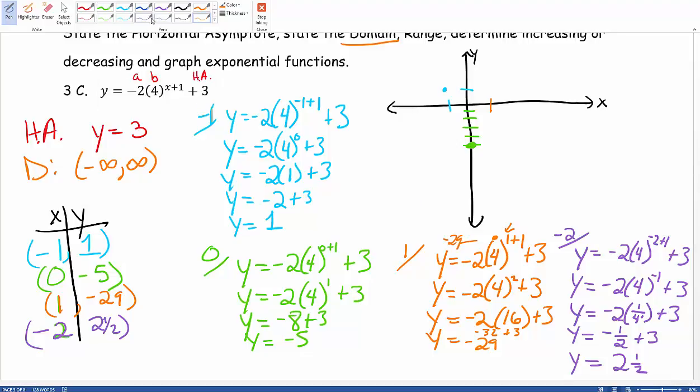And then our last value, negative 2, 2 1/2, right about here. Going ahead and connecting these, we would see something like this.